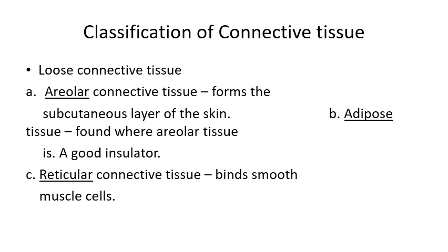Within that areolar connective tissue is adipose tissue, and it is a good insulator, our fat tissue. Then we have what I just discussed a minute ago, the reticular connective tissue, and it binds those smooth muscle cells.